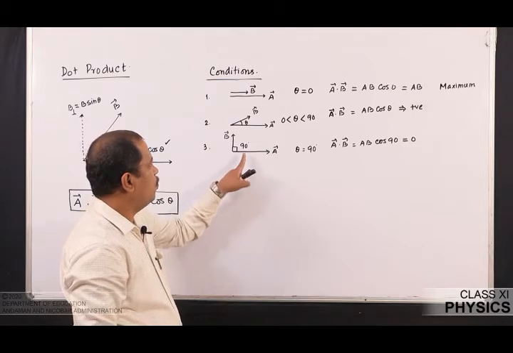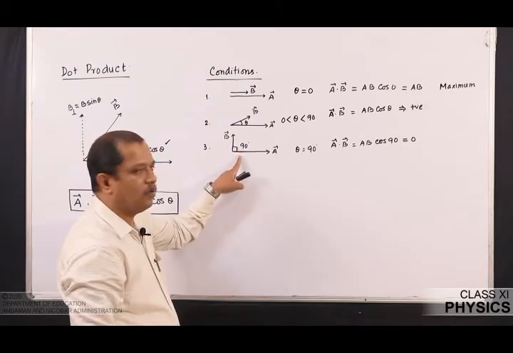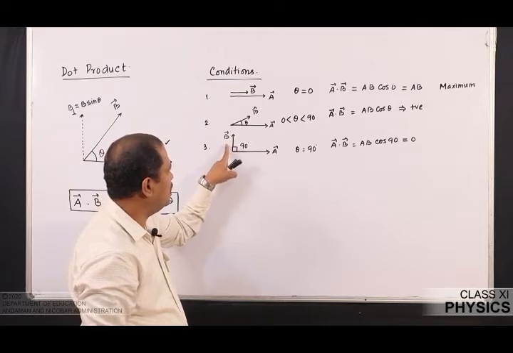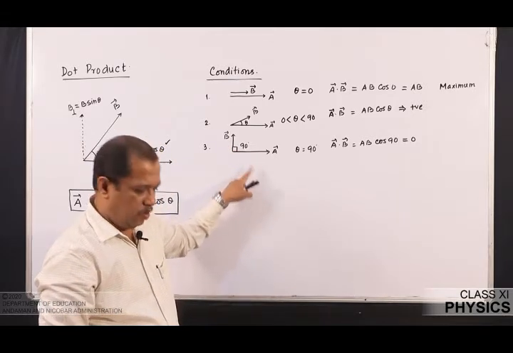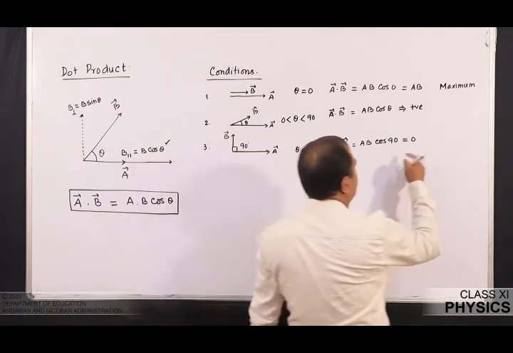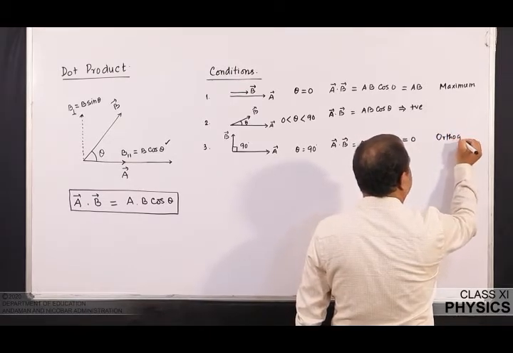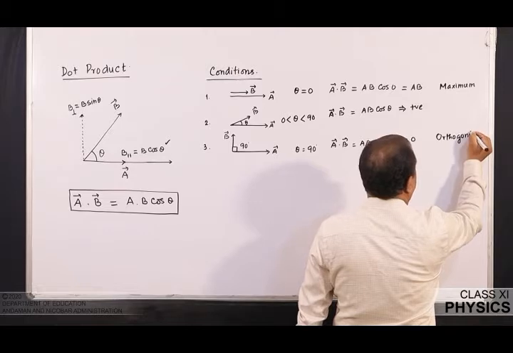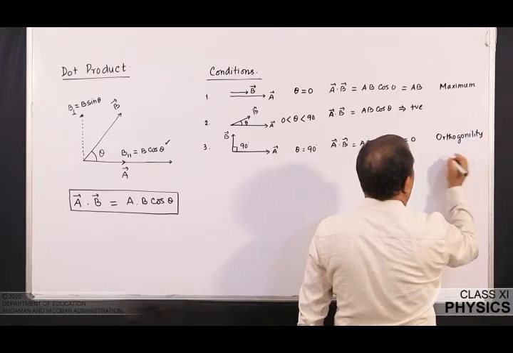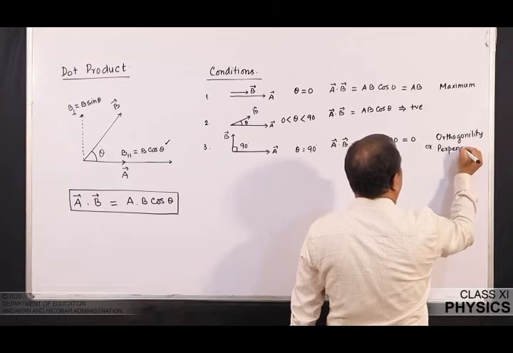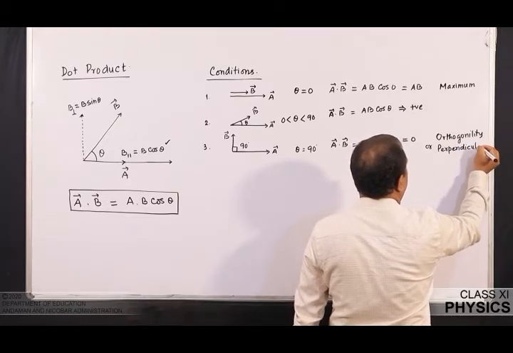So when both are perpendicular, we can also say that vectors A and B are orthogonal. Thus using this property, I can check the orthogonality, or say the perpendicularity, of two vectors.